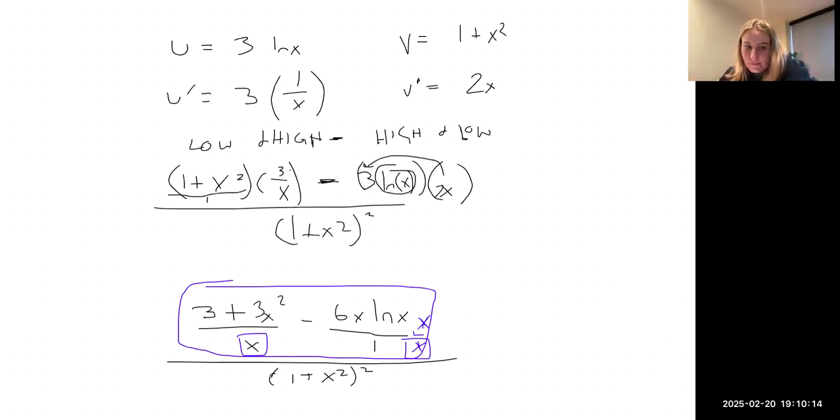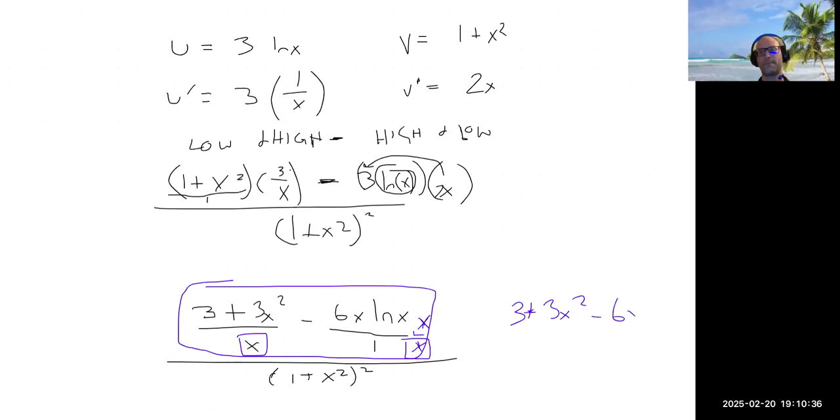I'm allowed to multiply this denominator by x as long as I also multiply the numerator by x too. So that gives me g prime equals 3 plus 3x squared over x minus, is that 6x squared ln x squared? Right.